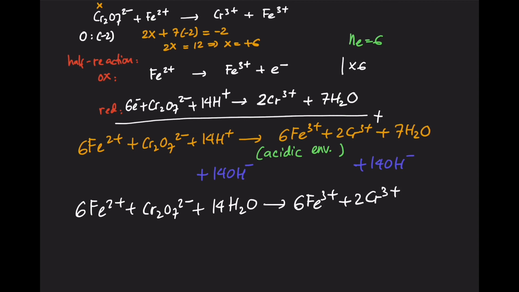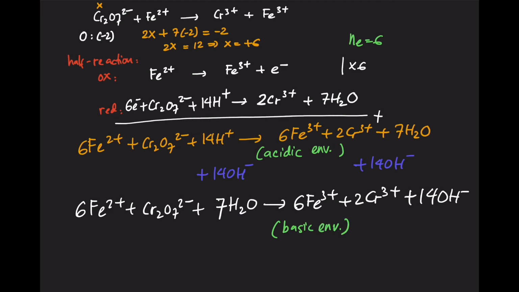We also have 7H2O. If we cancel this out, if we subtract this number using the existing water, then here we have to erase the 14 and change it to 7. And then here, plus 14 OH minus. And this is what we call balancing the reaction in basic environment.